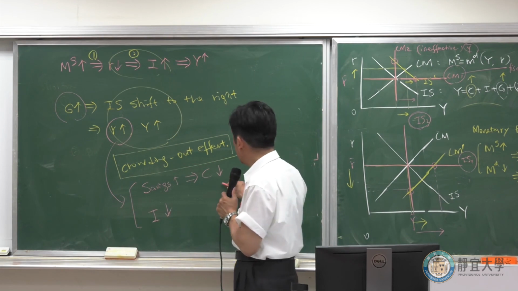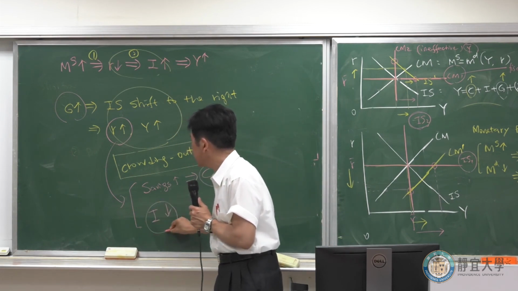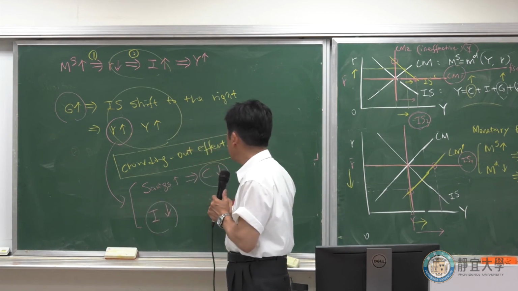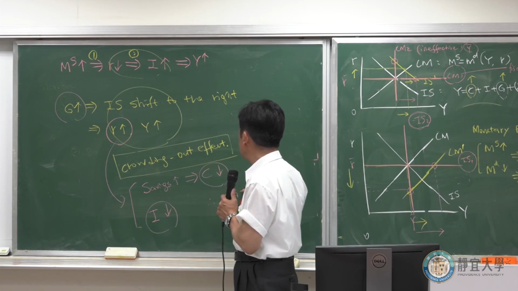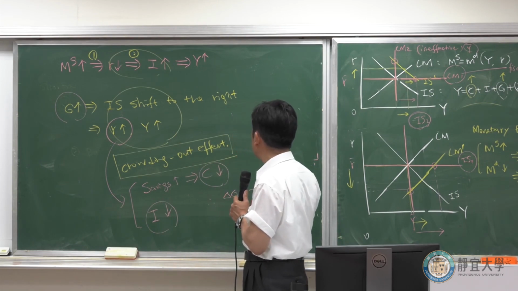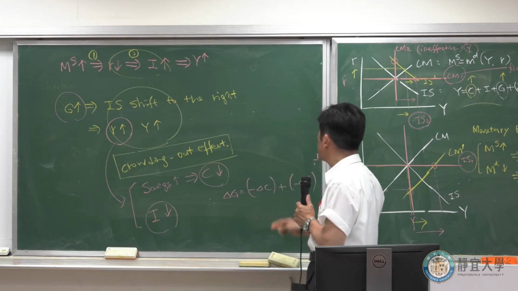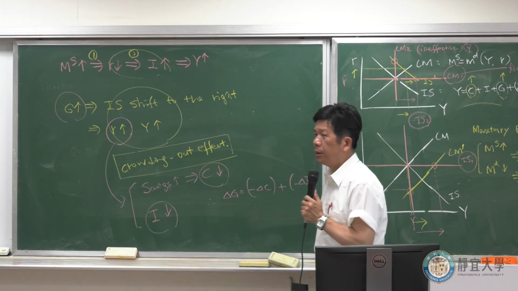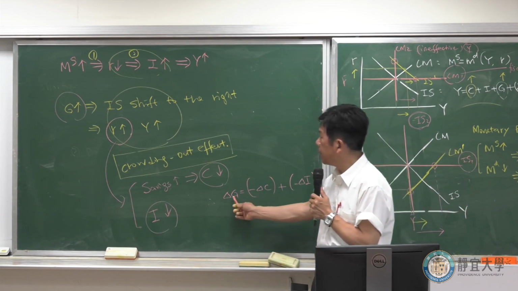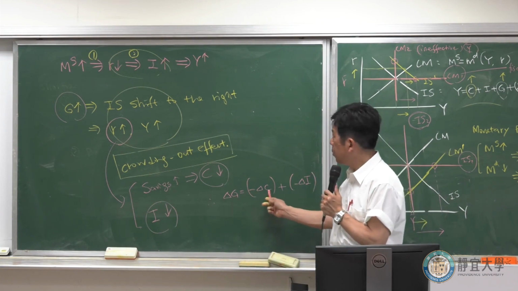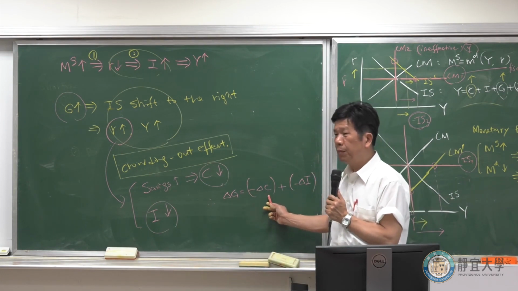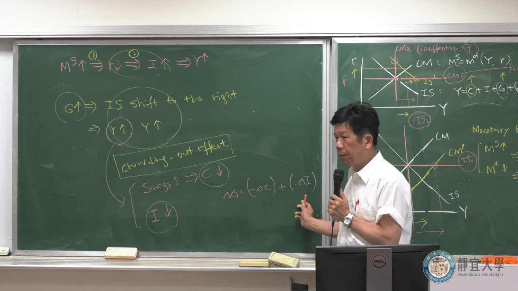So here you can look: delta G equals minus delta C plus minus delta I. So when the government spending increases, it makes consumption decrease and investment decrease.